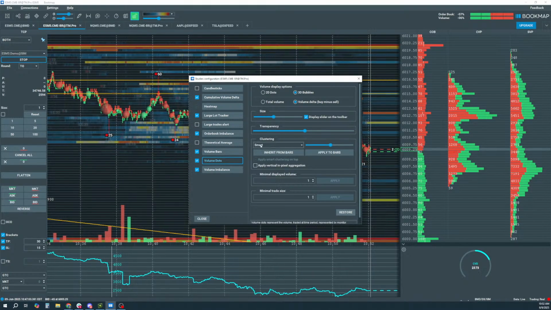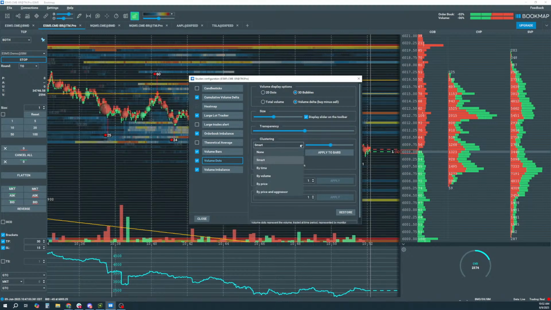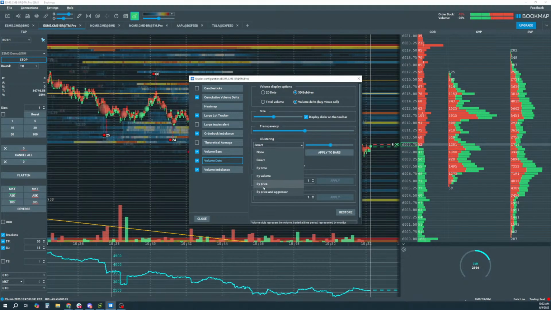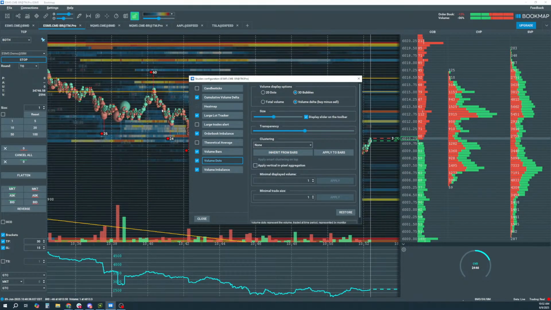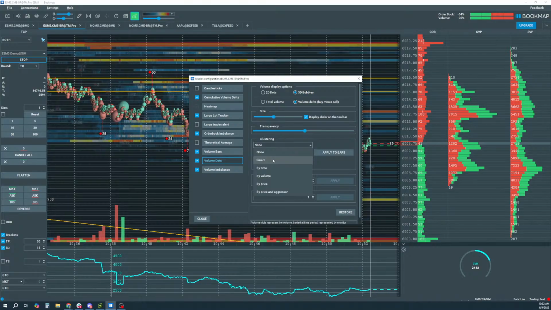This is default as well, smart clustering. Just so you know the way the smart clustering works, you can see that you've got a lot of different clustering settings, or filters, which is great. You can put it on none, which will show every single transaction, with no clustering. You can put on smart.